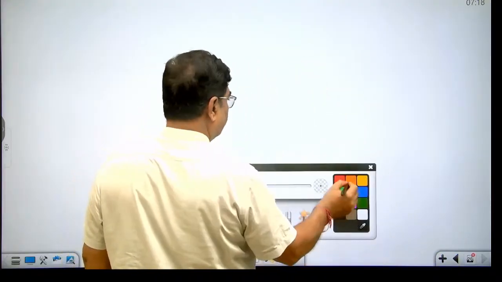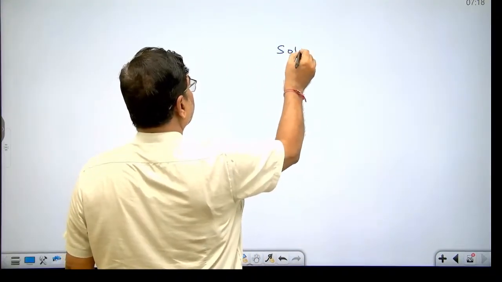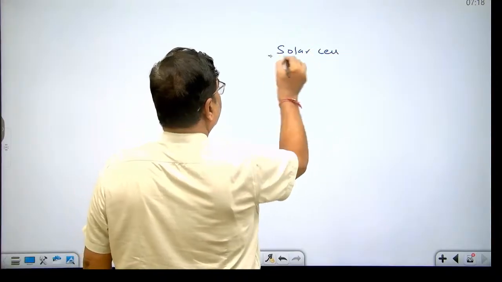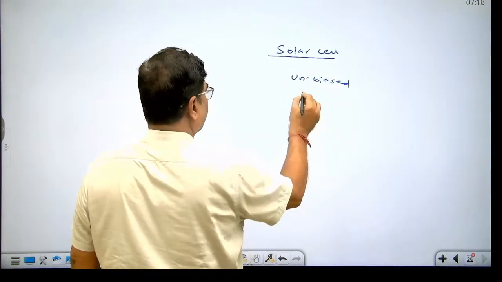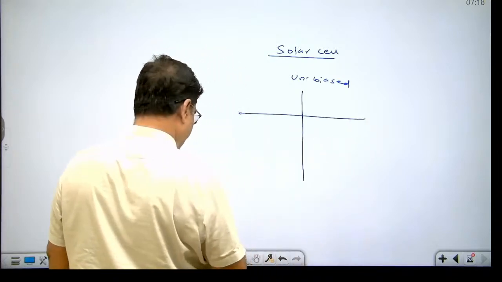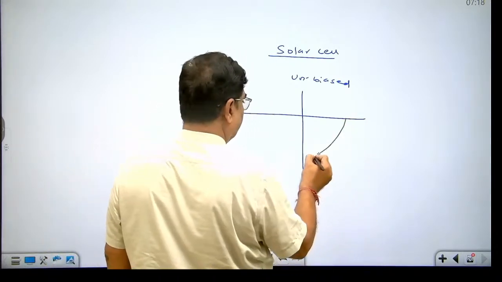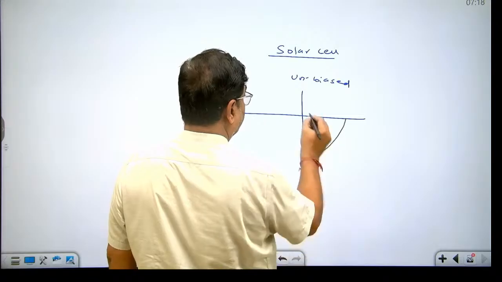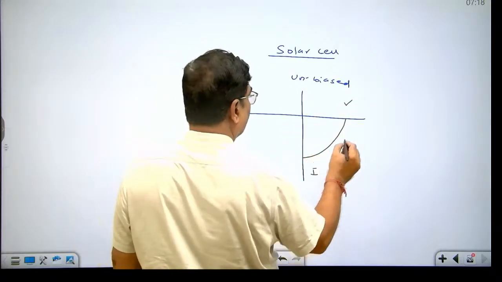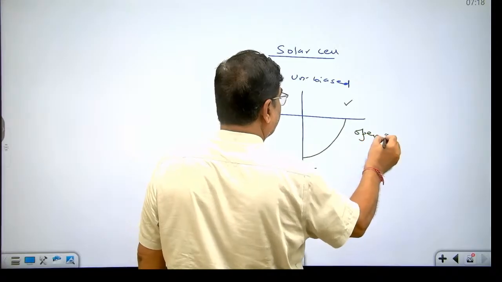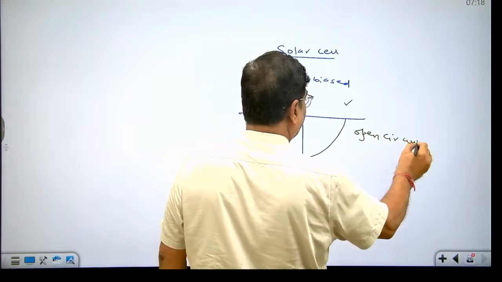And what about the solar cell? In case of solar cell, first thing is it is unbiased, and second, its diagram may be asked in the exam. This is open circuit voltage.